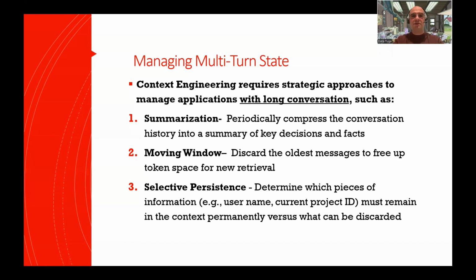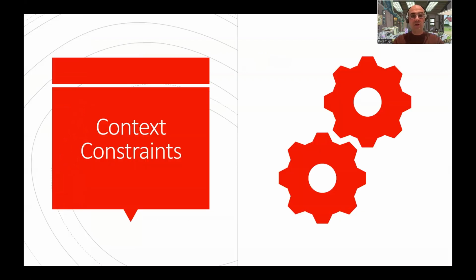On this topic, Databricks talks about some strategies that should be applied for long conversations, such as summarization, periodic compression of the conversation history into a summary of key decisions and facts. Moving windows, so we discard old messages to free up token space, and selective persistence, so determine which pieces of information should remain and which should be discarded.